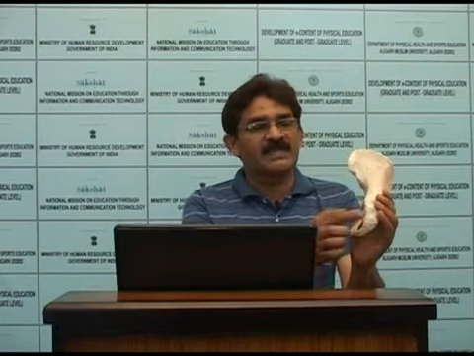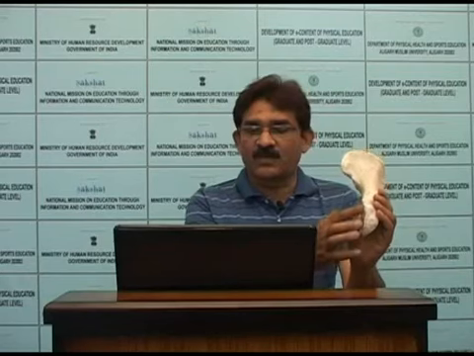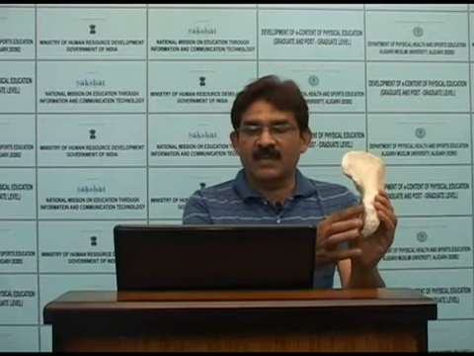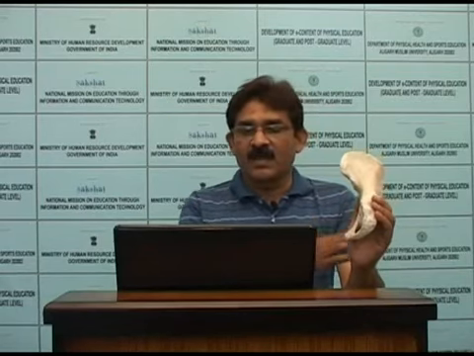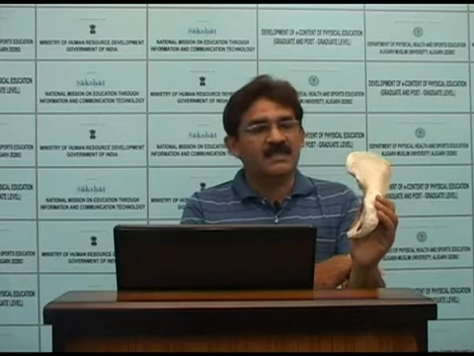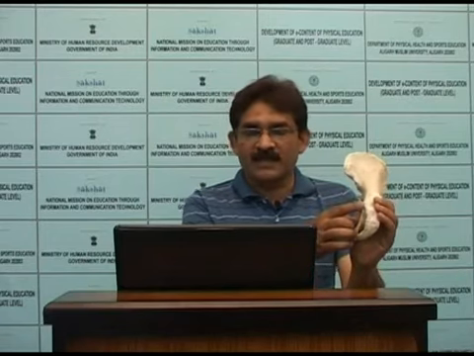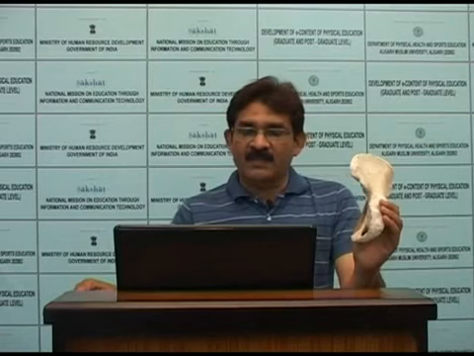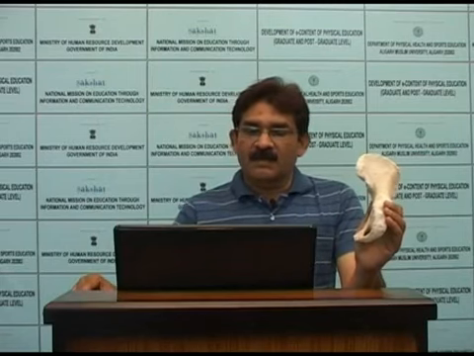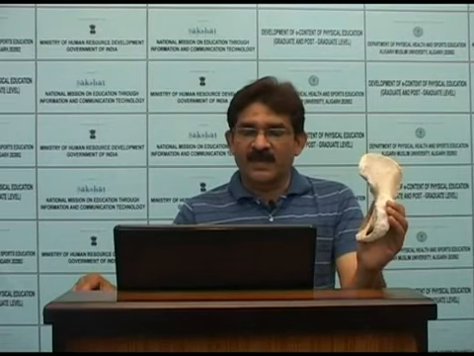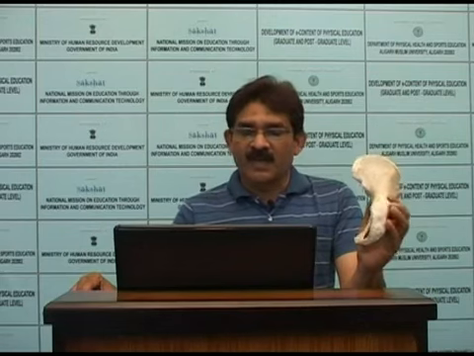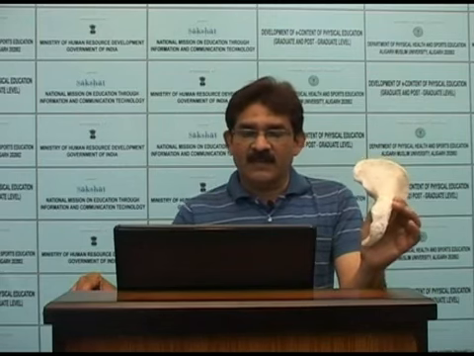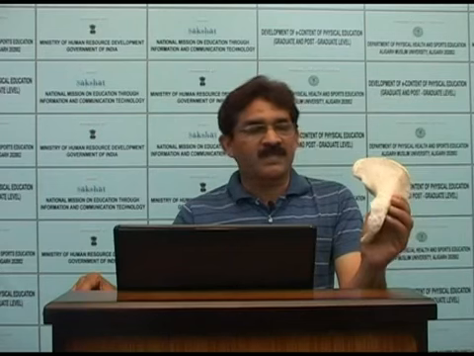Body of the pubis forms the anterior and inferior one-fifth of the acetabulum. Iliopubic eminence, this is the iliopubic eminence. Superior ramus of the pubis, pecten of the pubis, pubic tubercle, pubic crest, symphyseal surface, inferior ramus of the pubis.